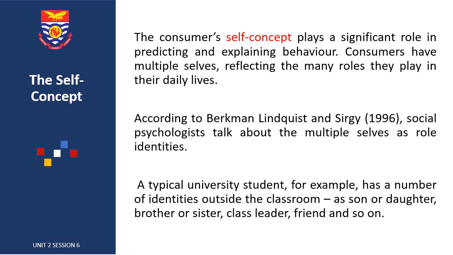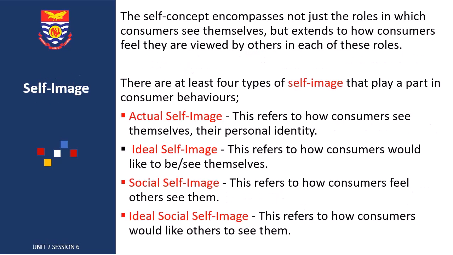The way you present yourself in terms of attending classes is totally different from the way you present yourself in your respective houses or destinations. That reflects the type of self that we are talking about.